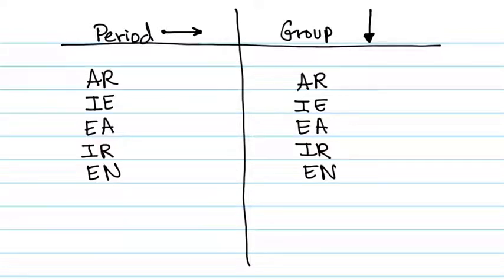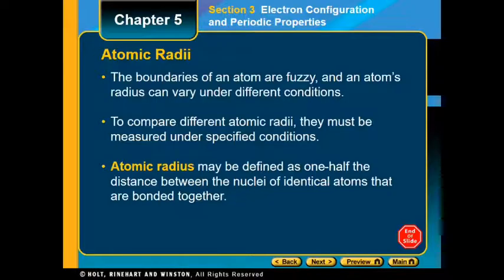Again, with each of these, you will come back to put in increasing or decreasing for their period and group trends, respectively. This particular lesson is going to be a watered-down version of the trends.